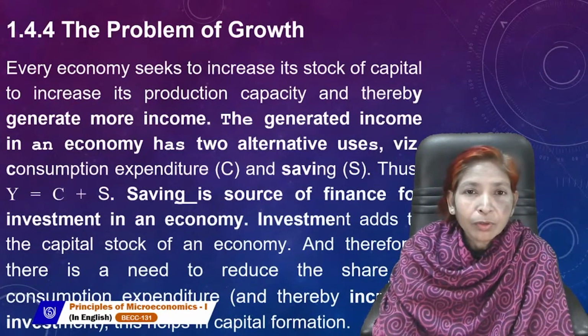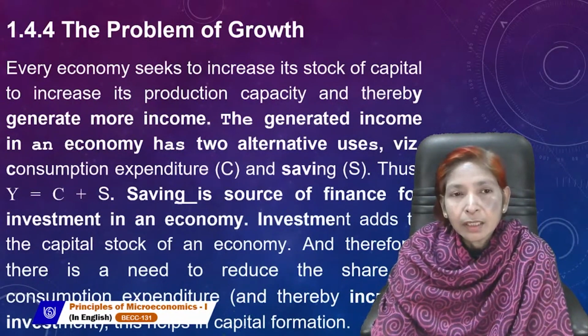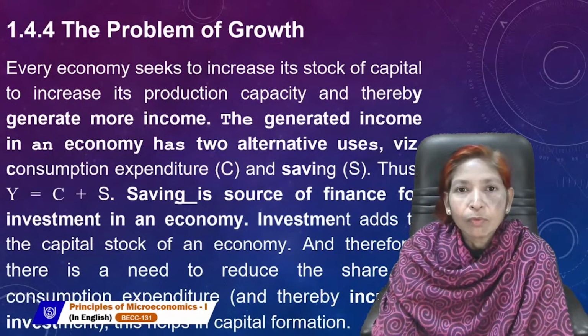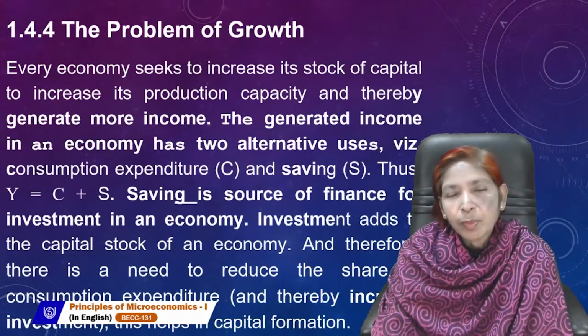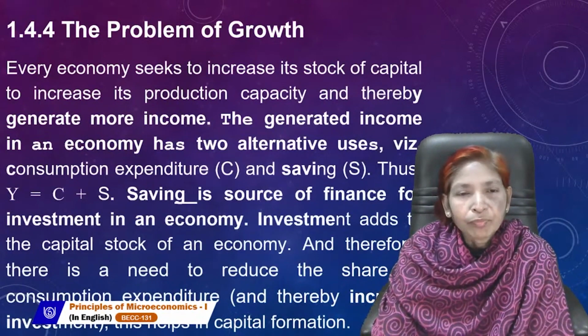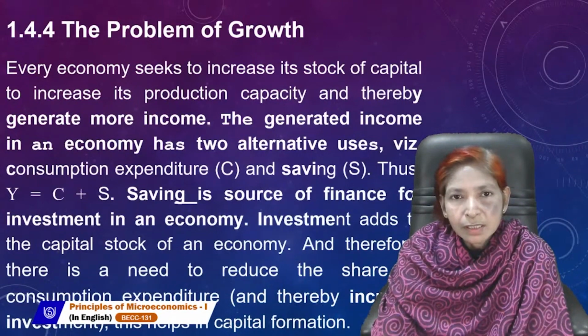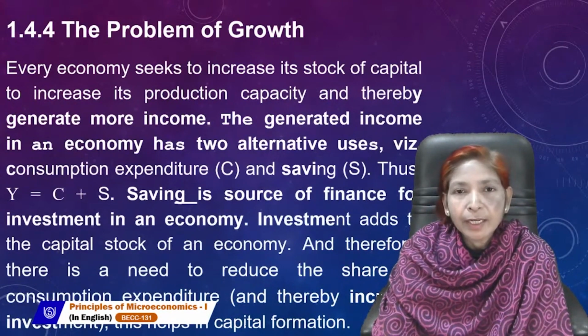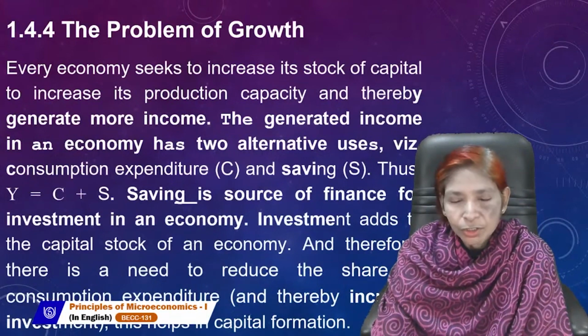But the problem of growth is here in India. We know that India is the second most populated country in the world. Here too much population exists. As population increases, our per capita income is falling, because per capita income is calculated by dividing national income by population.